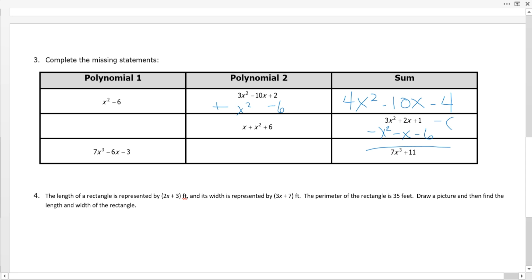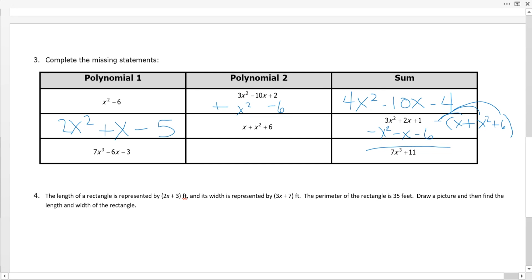It's the same thing as me doing this. And so I would distribute my negative to all my terms and make them all negative. So now I have 3x squared minus x squared makes 2x squared. 2x minus x makes plus x. 1 minus 6 makes minus 5.